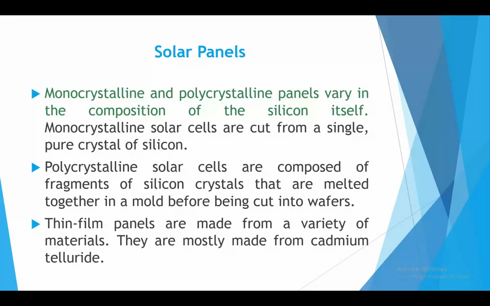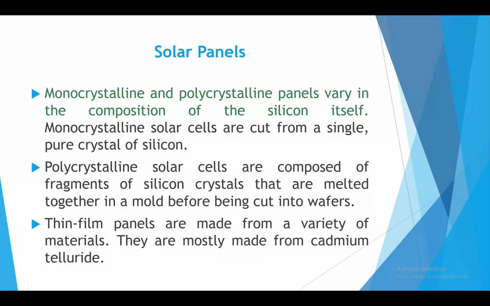Mono and polycrystalline panels vary in the composition of the silicon itself. In monocrystalline, solar cells are cut from a single pure crystal of silicon, whereas in polycrystalline, solar cells are composed of fragments of silicon crystal that are melted together in a mold before being cut into wafers.